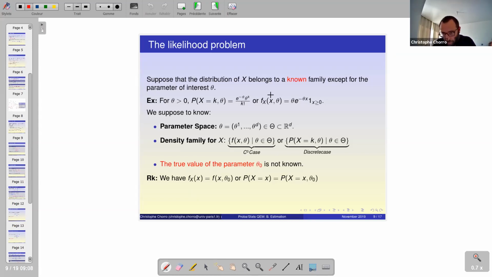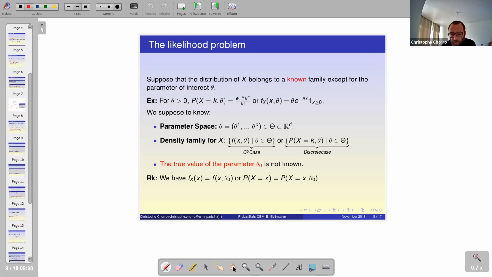So when you start in the likelihood problem, you know first the set of the possible values for the parameter theta.